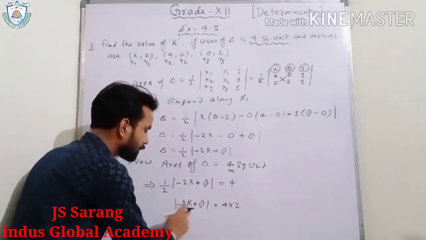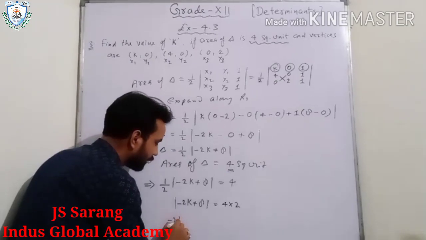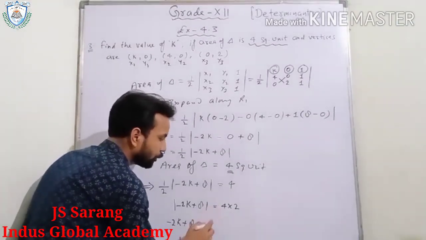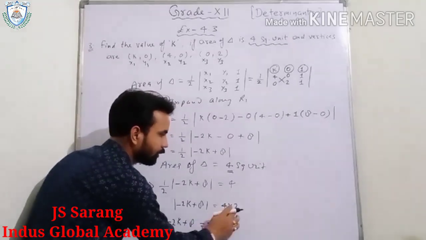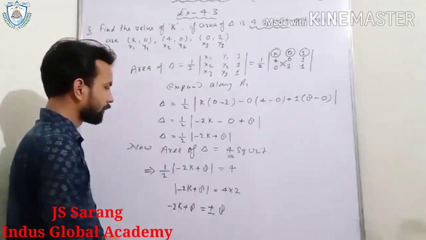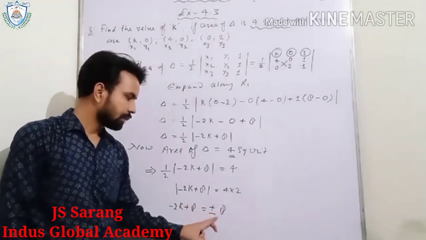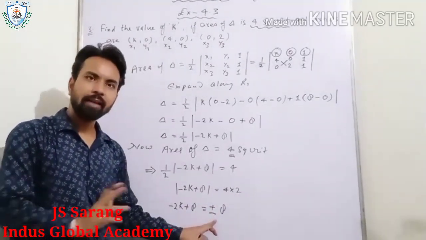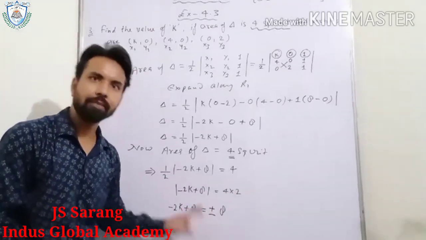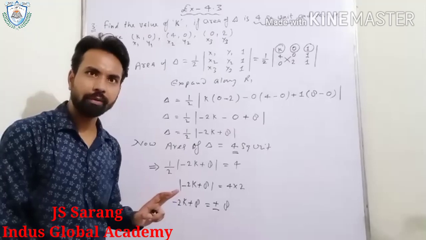So I am removing this modulus sign here. So it will be minus 2k plus 8 equals plus minus 4 into 2, that is 8. Clear? Now see, there are two signs, plus or minus. So one time we will take the positive sign, and after that we will take the negative sign. Hope it is clear to everyone?